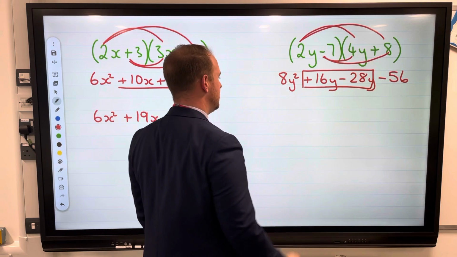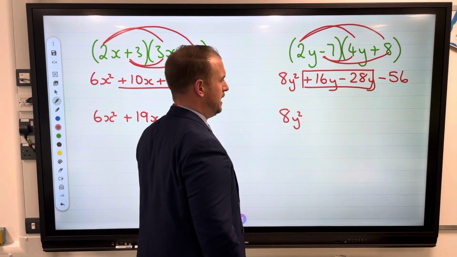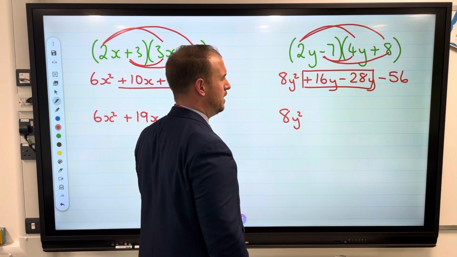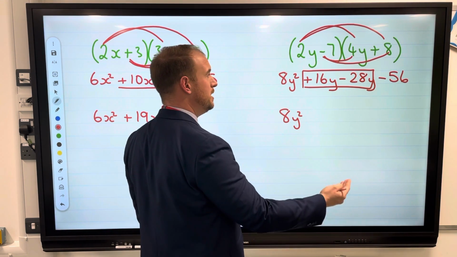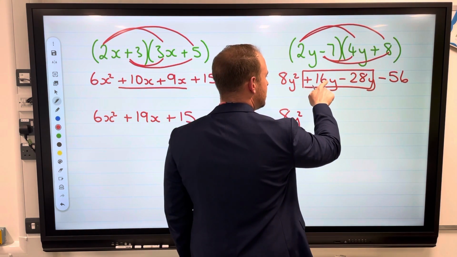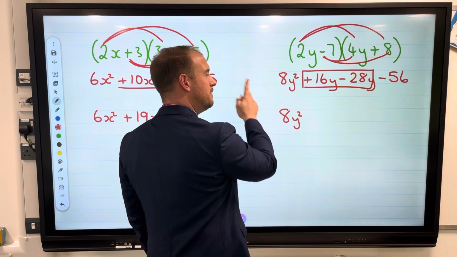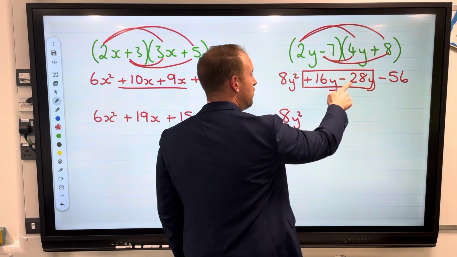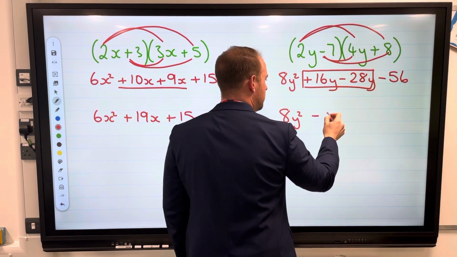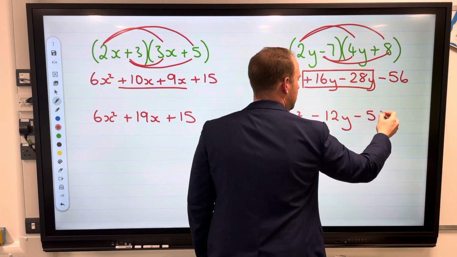Put my y's together, so 8y squared stays by itself. 16y take away 28y. We know it's going to be a negative number. Okay, so think of, we've had 16 steps to get to 0. How many left to carry on by taking away 28? Minus 12y. And then take away 56.